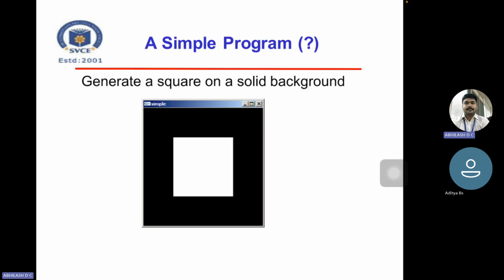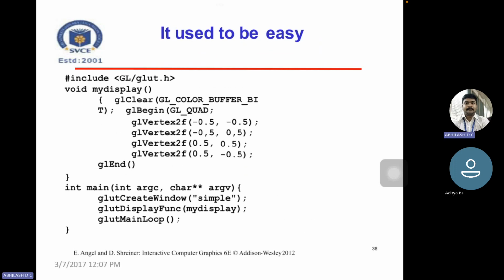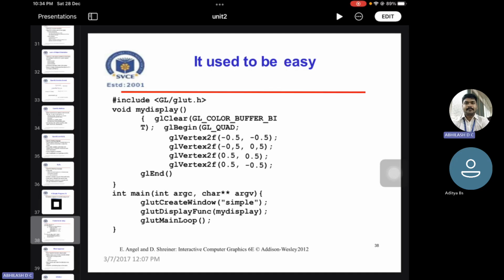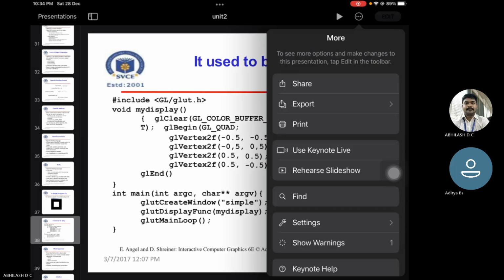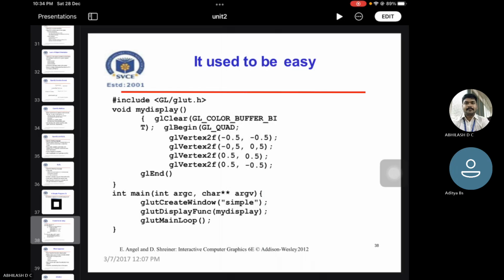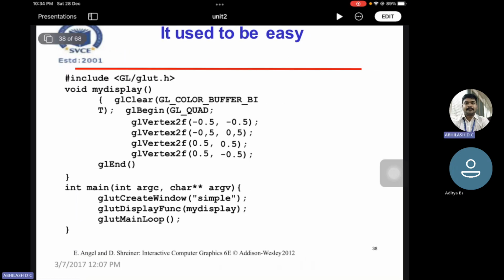So include gl/glut.h is used to get the input from the library, and we have something like my display. My display is a function, right?